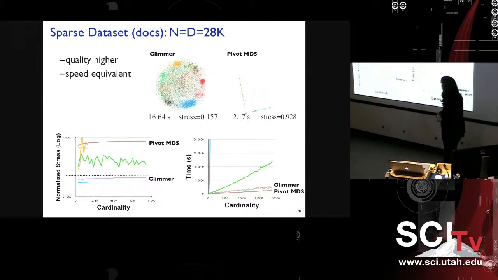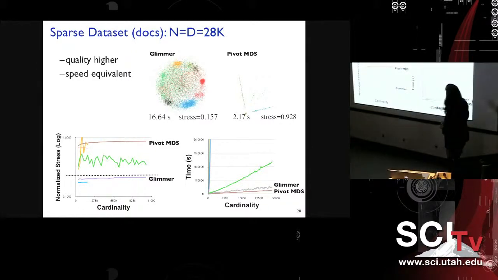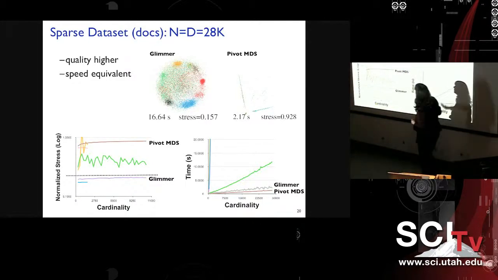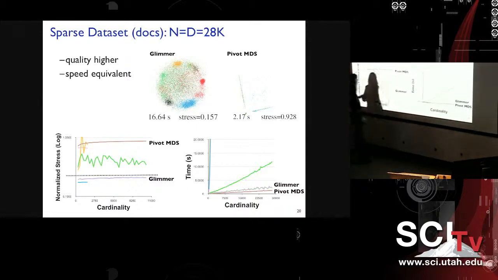And the question often comes down to, well, if you see a number for stress, what does that mean? Is it any good? Can you actually see structure in the data? One of the things we needed to do was a mix of looking at these metrics and then qualitatively looking at the results and trying to decide where is good enough. And the question of what is good enough gives a different answer for different kinds of data sets.